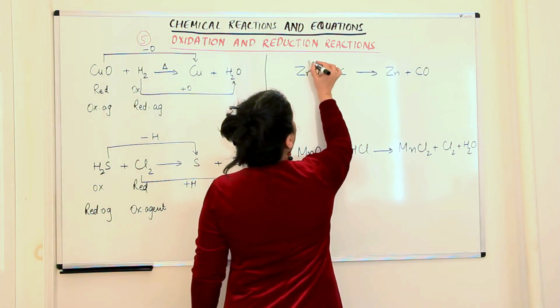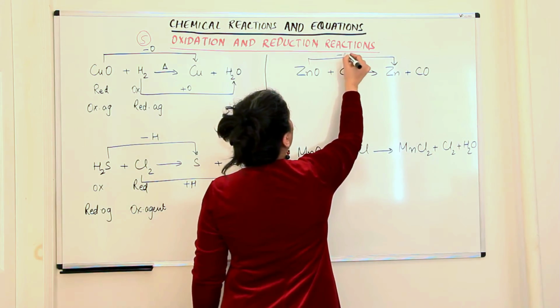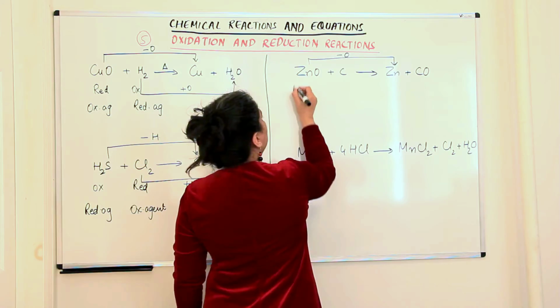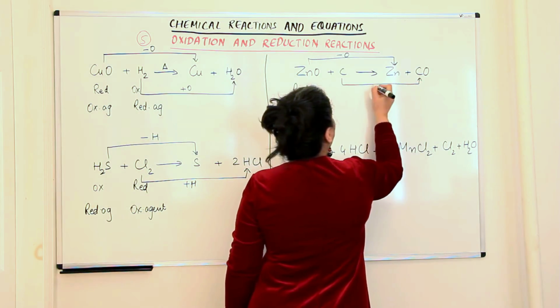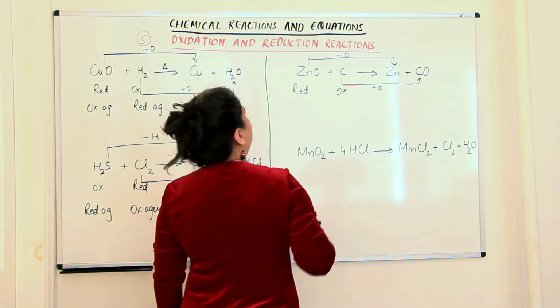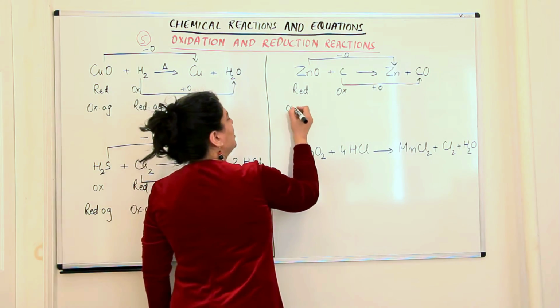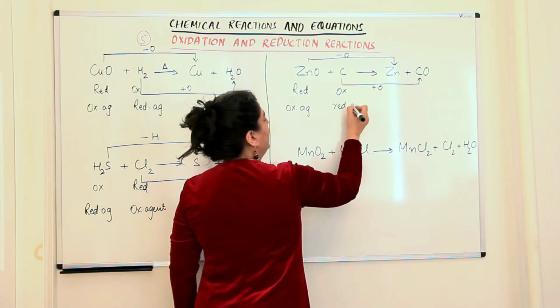So zinc oxide is getting converted into zinc. It means it is losing oxygen. Losing oxygen means it is getting reduced. Carbon is gaining oxygen, so it is getting oxidized. So whatever is getting reduced is the oxidizing agent, and whatever is getting oxidized is the reducing agent.